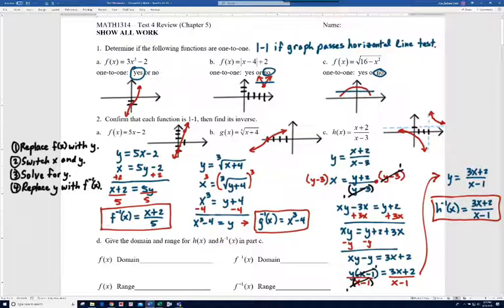Now in part D, it says to find the domain and range for h of x, and its inverse, and that's the one that we just did. So I'm going to go ahead and move this graph down here, and you can see that for the domain, this graph goes forever left, and then it goes to the right, and it gets to where x is 3, and there's a vertical asymptote.